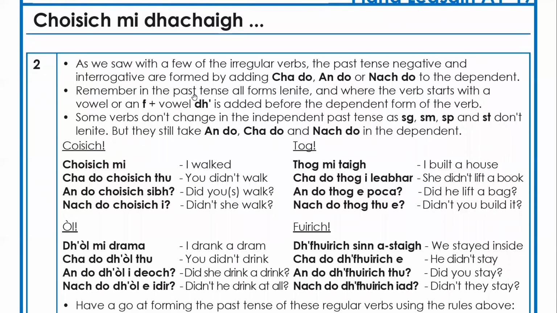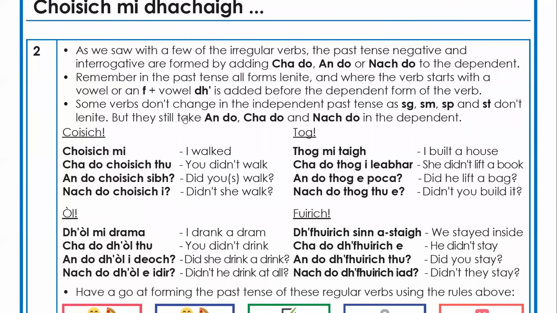The past forms, the past tense, all forms lenite, and where the verb starts with a vowel or an F plus a vowel, the DH is added. Some verbs don't change in the independent past tense, so SG, SM, SP, ST don't lenite, but they do still take the ando, chado, nachdo.